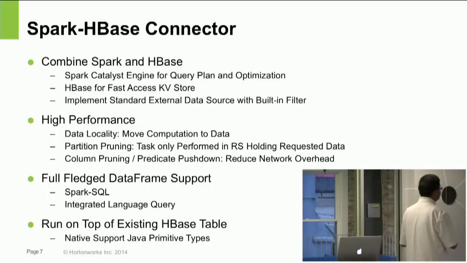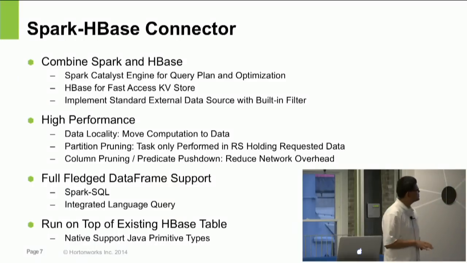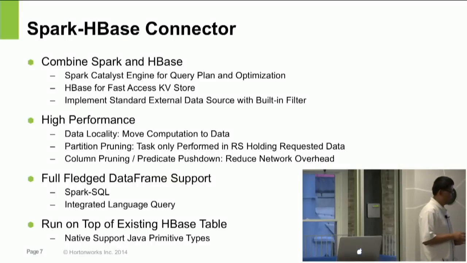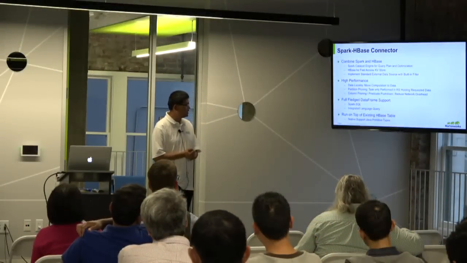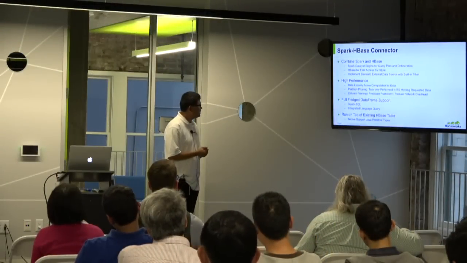Then we use HBase as a key-value store and implemented the external data source API with built-in filters. We didn't leverage any coprocessor or any new filter. We achieved this performance with data locality and all those tricks in the query.